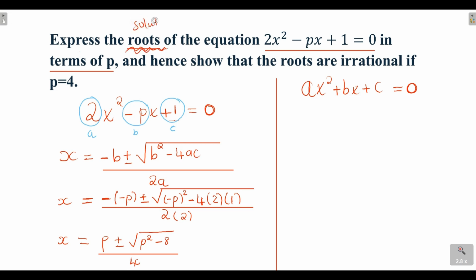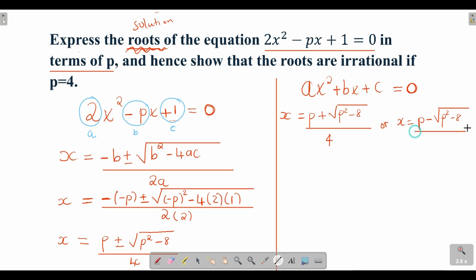We found the solution of this equation, 2x squared minus px plus 1, which is equal to 0, in terms of p, because when we solve for x, it's going to be x is equal to p plus the square root of p squared minus 8 all over 4, or x is equal to p minus the square root of p squared minus 8 all over 4.